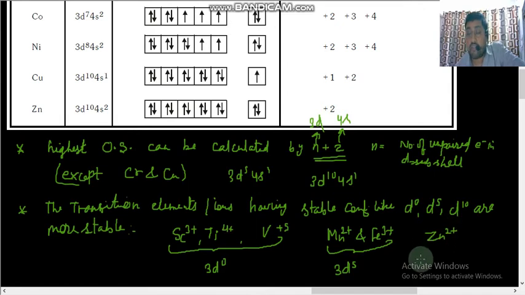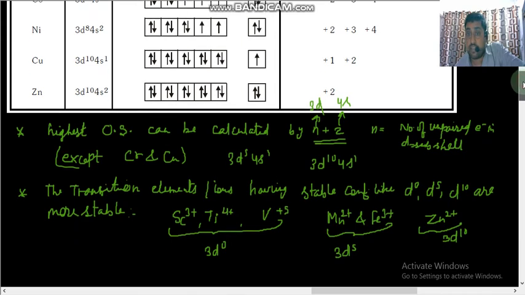For mercury and cadmium the 2+ state is very stable. Why? Because they contain 3d10, that is the completely filled electron configuration. So wherever you find d0, d5 or d10, those oxidation states are the most stable for that particular element. Okay.